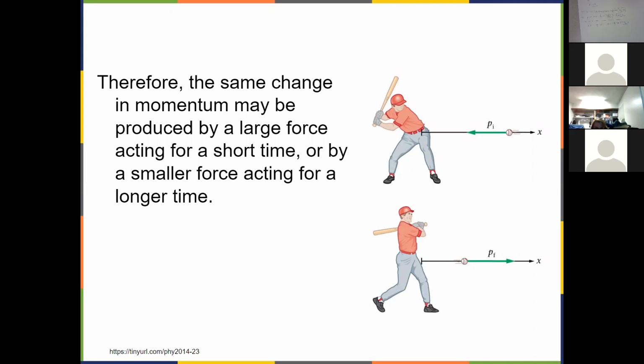The force he can exert keeps the same, has an upper limit, but the contact time between the bat and the baseball can be increased by swinging the bat. Okay, so by doing that, the impulse delivered to the baseball can be very large. So that's why the batter swings the bat.